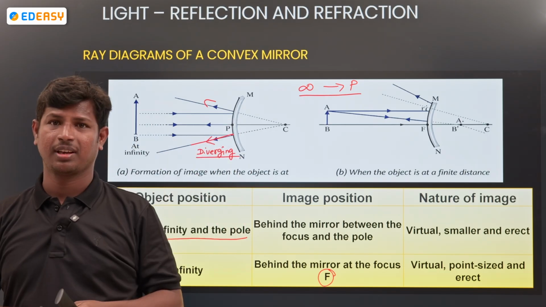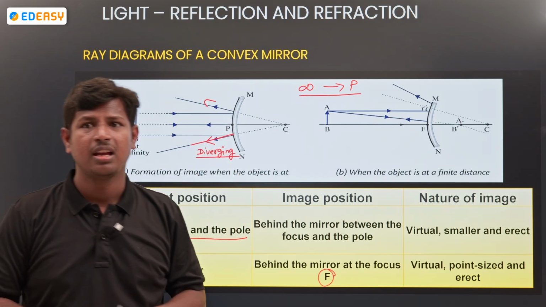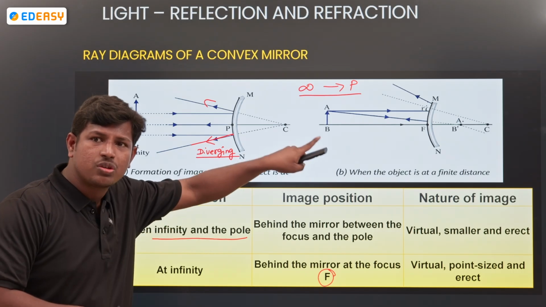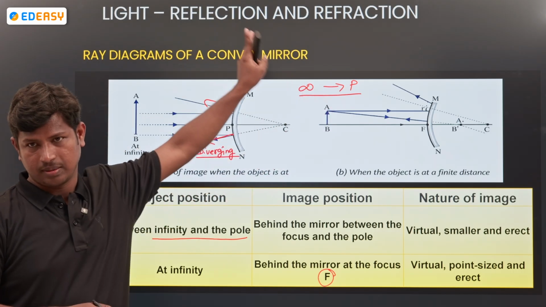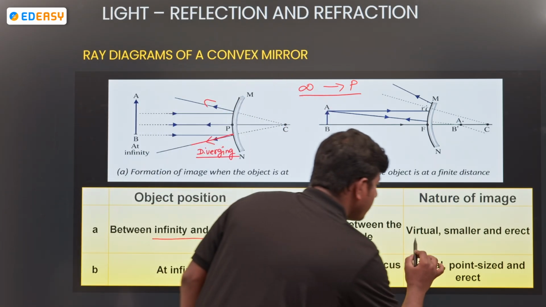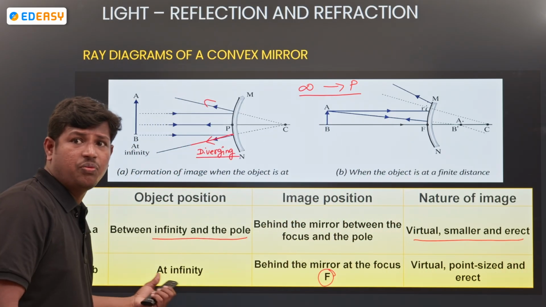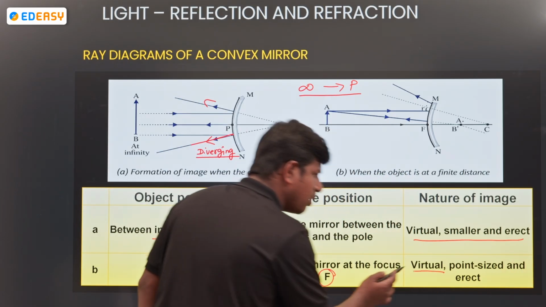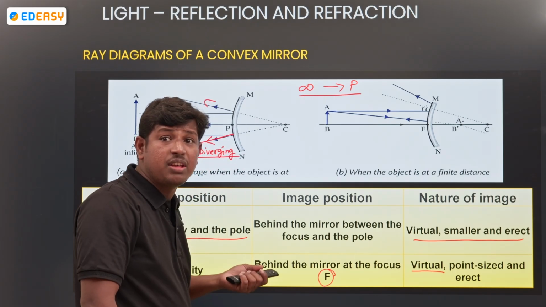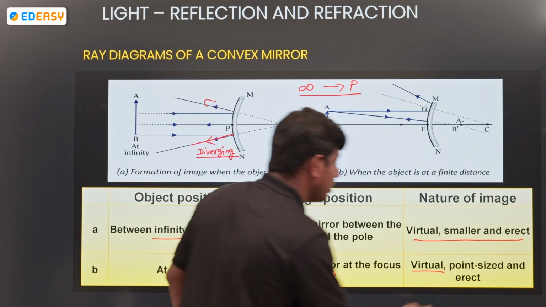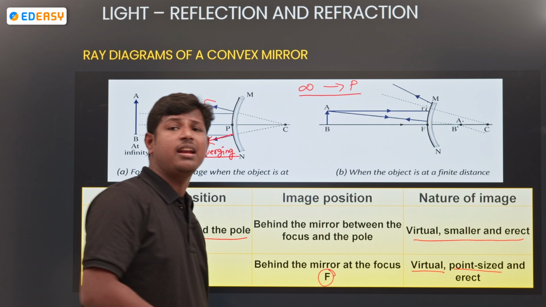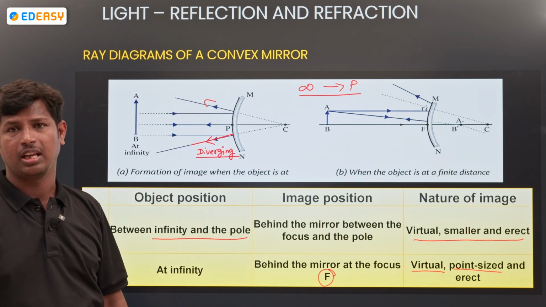Small, erect. So the nature is virtual, small and erect. If the object is at infinity, it is virtual only, and the size of the image is point size and erect.